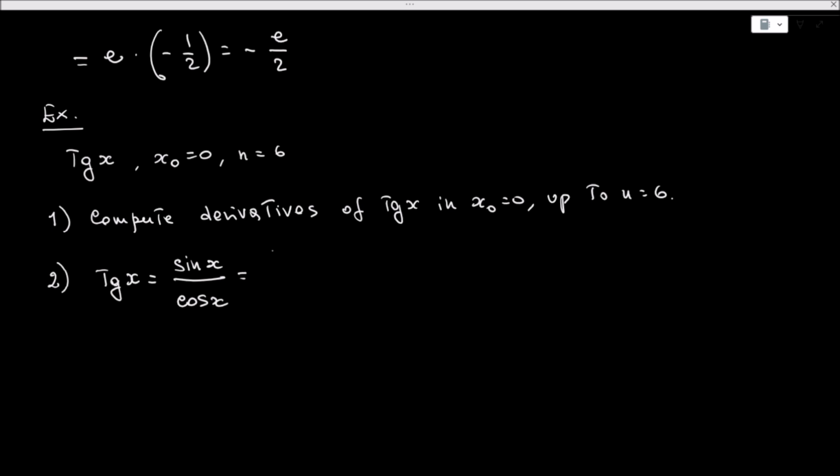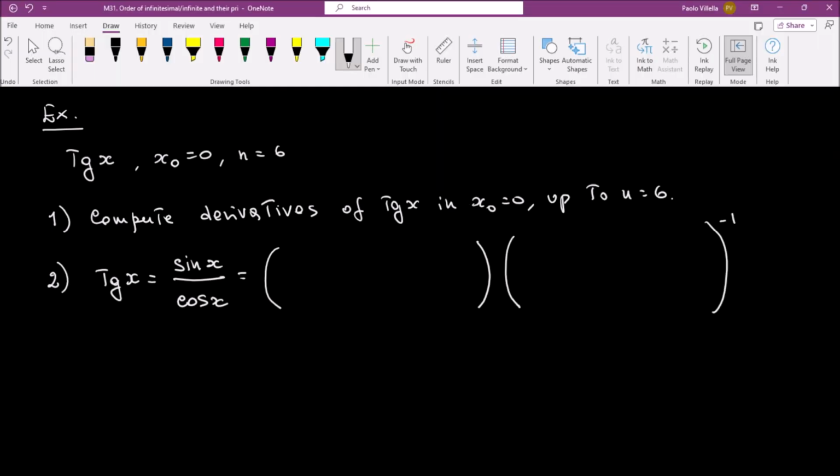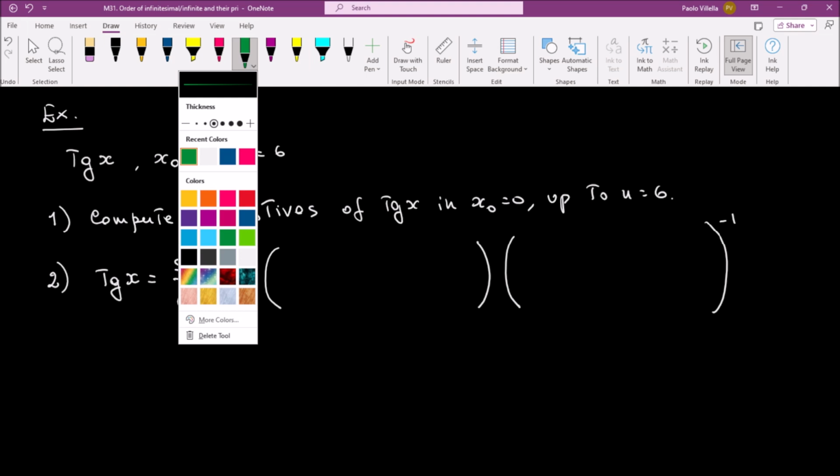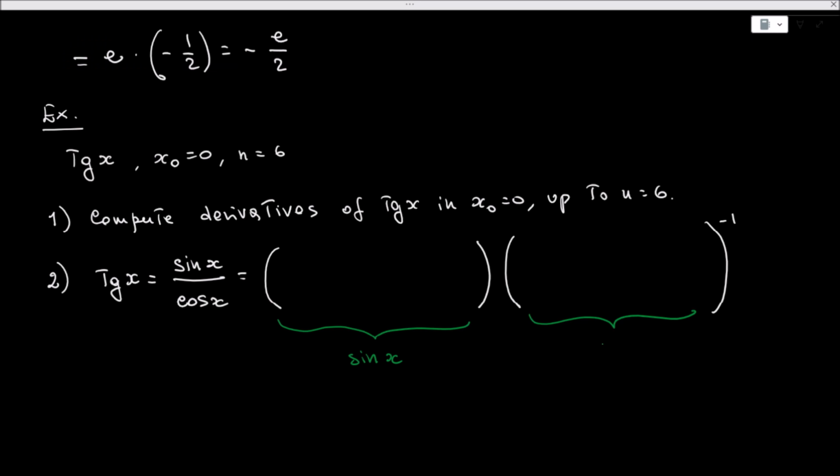Well, let's first expand sine of x, and then we will write cosine of x to the minus 1. So this will be sine of x and this will be cosine of x. Okay, good.